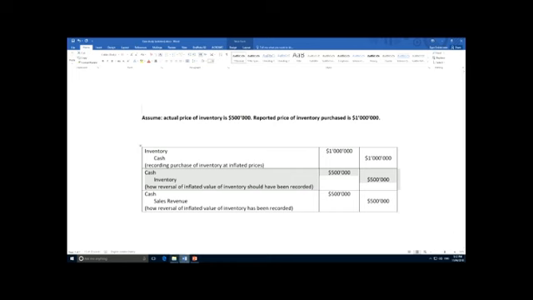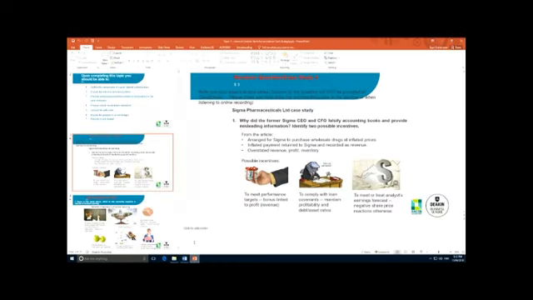Now, that's from the technical point of view. If we look at the questions here, we asked, why did the CEO and the CFO falsify accounting books and provide misleading information? Identify two possible incentives. So the question is, why did they do it? Why did they engage in this fraud? Because the consequence of that is that they got into a lot of trouble, obviously.